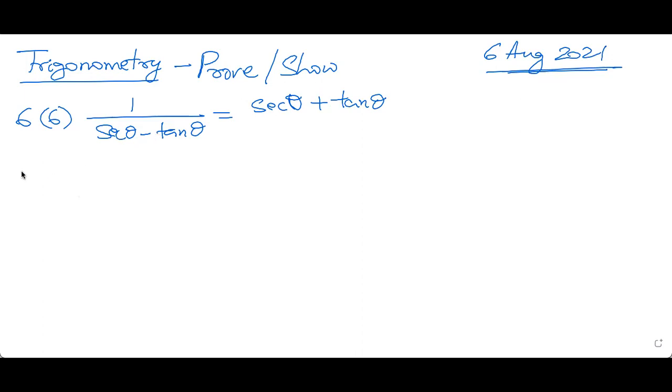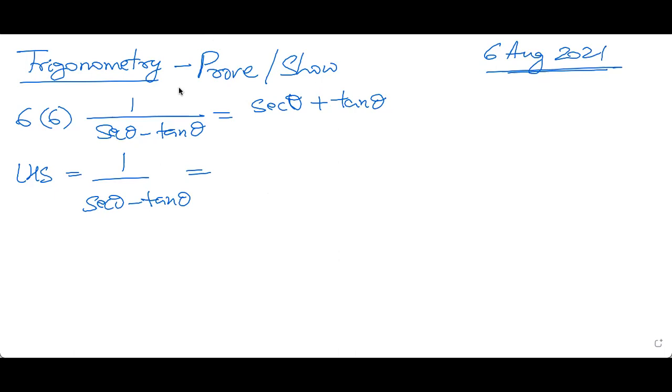So I'm thinking, let me do this. LHS equals 1 by sec theta minus tan theta. This is given. Let me try to bring in sec theta plus tan theta. Let me introduce sec theta plus tan theta to the given fraction, to the LHS fraction.